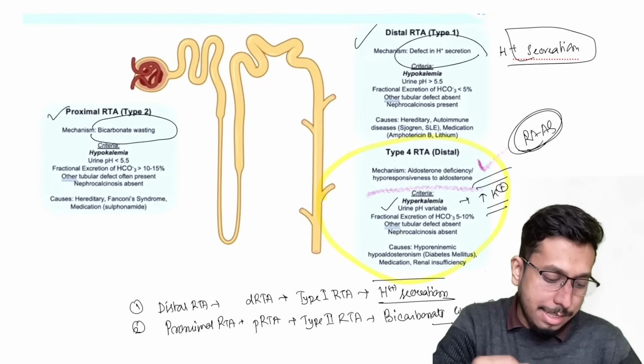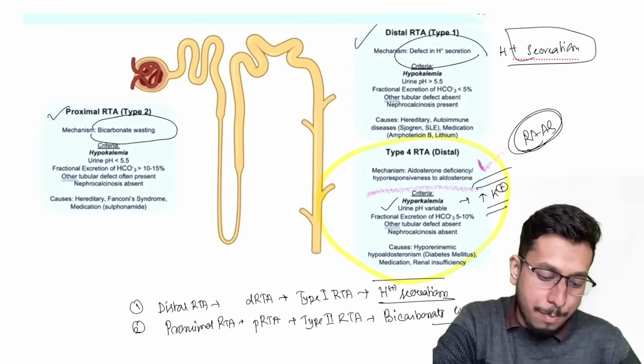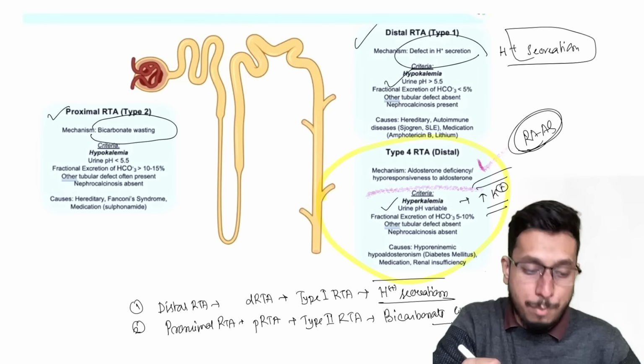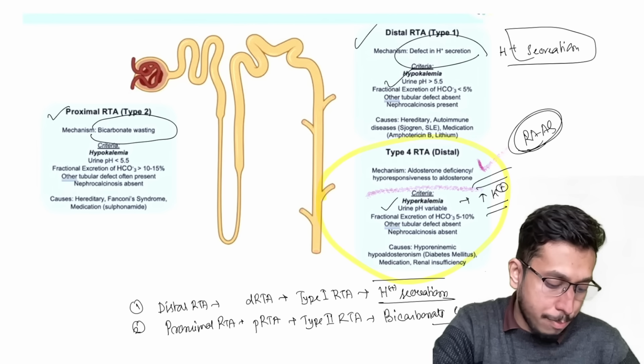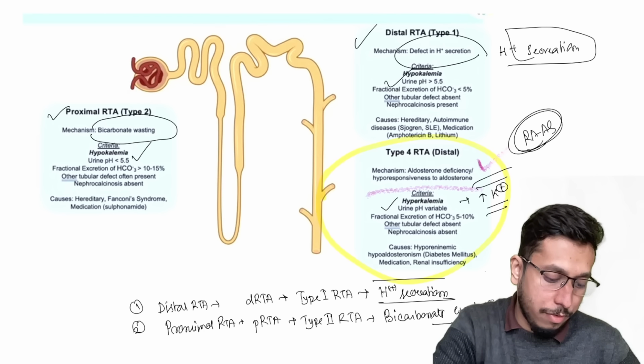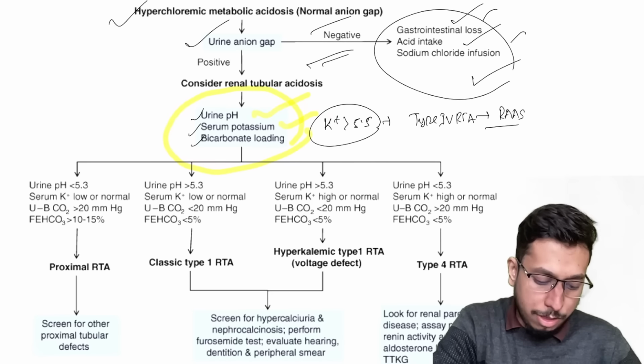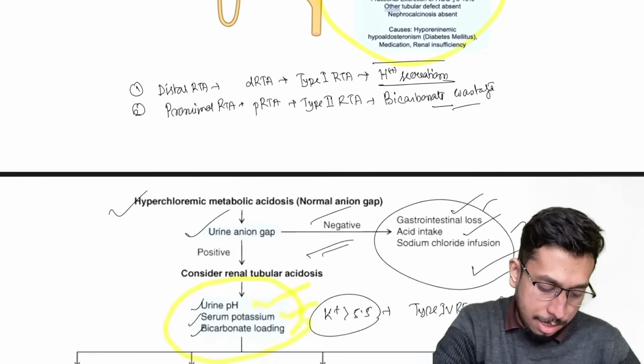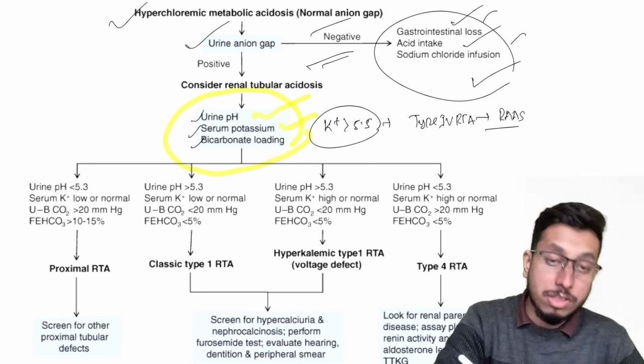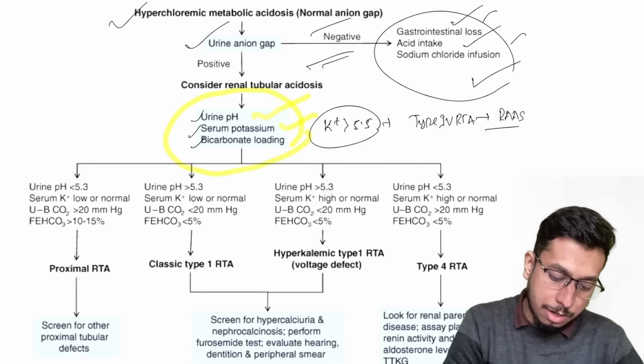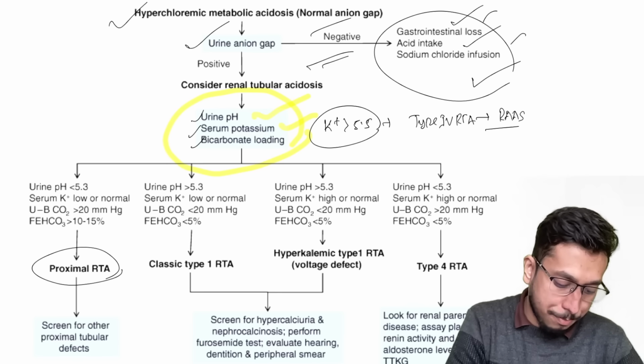Now, what happens in type 1 is that urine pH remains more than 5.5, whereas in case of type 2, urine pH remains less than 5.5. So, from here, you can see in proximal RTA, which we also call type 2 RTA.